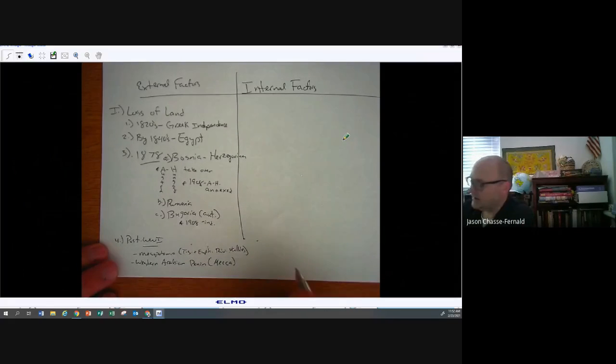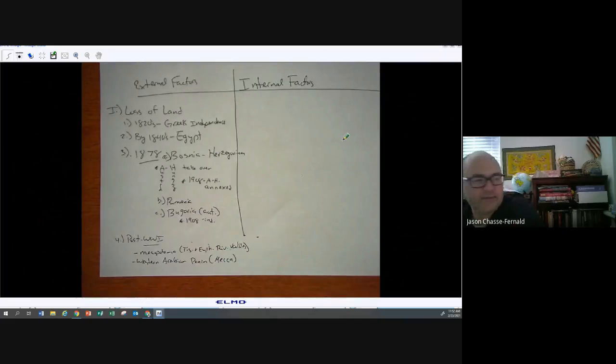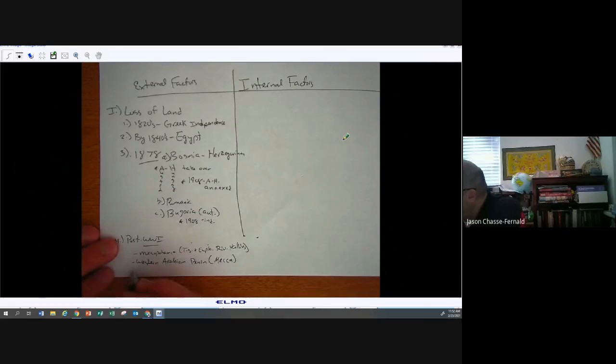All right, and of course this is a massively significant thing psychologically. It's not just that they're losing land, but they've also lost control of the most important city within Islam. And if I throw in, also they lose Palestine, right?